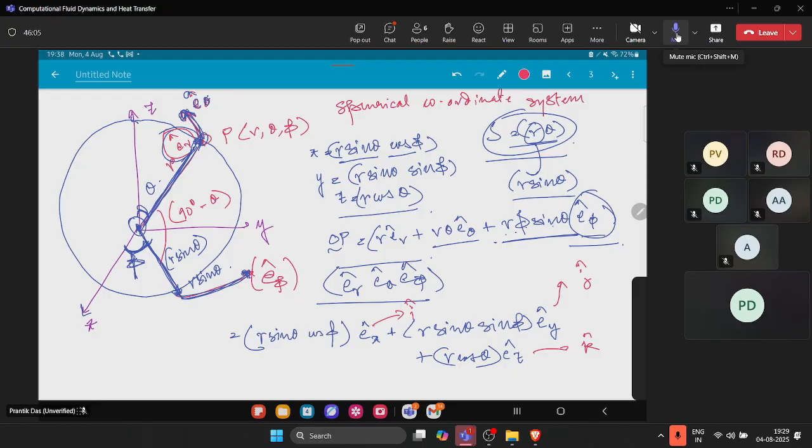So is it clear to all of you? Hello, am I audible? Can you please be a bit louder? Do you have any doubt regarding the concepts that are shown here on the screen? Rushikesh, can you please be a bit louder?